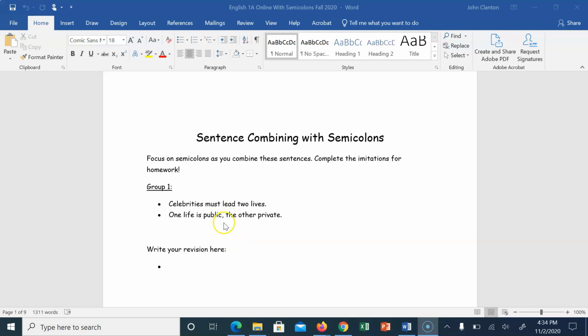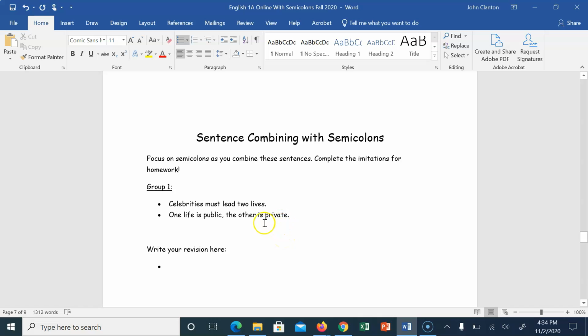And I'm going to stop here and point this out. This will be something that we work on a little bit later, but this right here is called an absolute phrase, right? And it's more like a stylistic thing. So what that means is the verb that was in this sentence is, once you have it over here, one life is public, comma, the other is private.